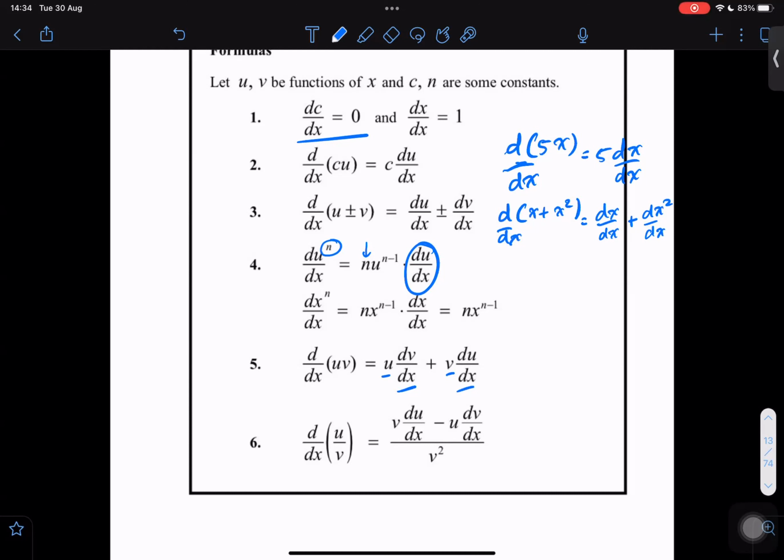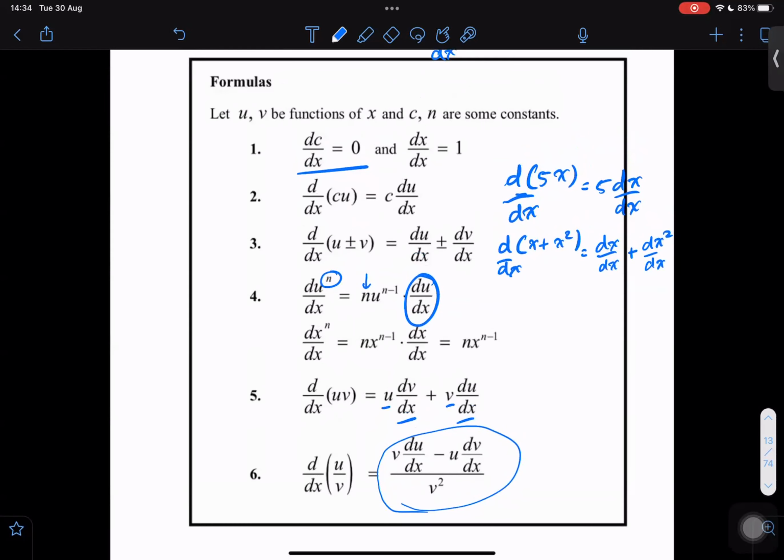And for the division, u over v, it becomes v du minus u dv over v squared. I'm not going into detail about this one because you can open the book and look at your formula.